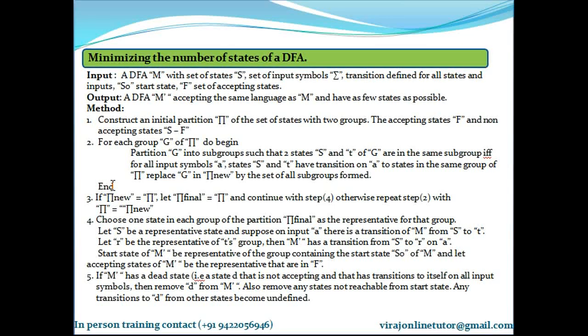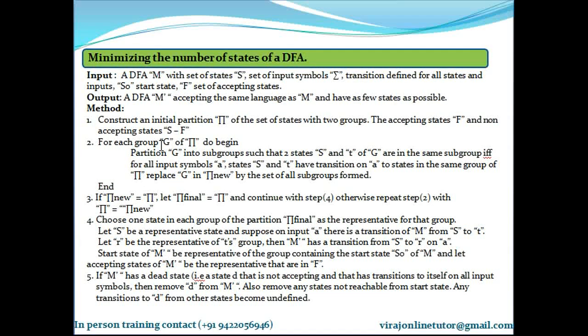So you're partitioning G into subgroups such that two states S and T of G are in the same subgroup if and only if for all input symbols they go to the same specific group. If they go to different subgroups, that means they have to be split up. If they go on all the input symbols to the same subgroup, don't split it up. That's what has been mentioned here.